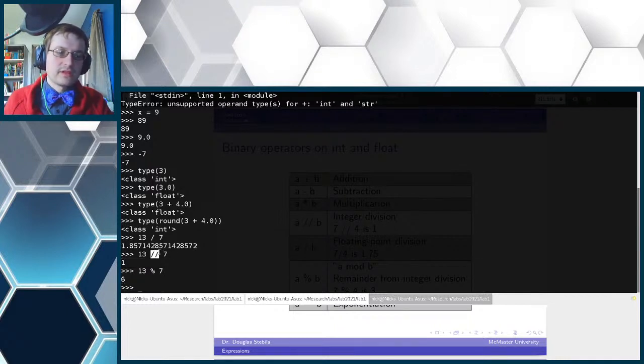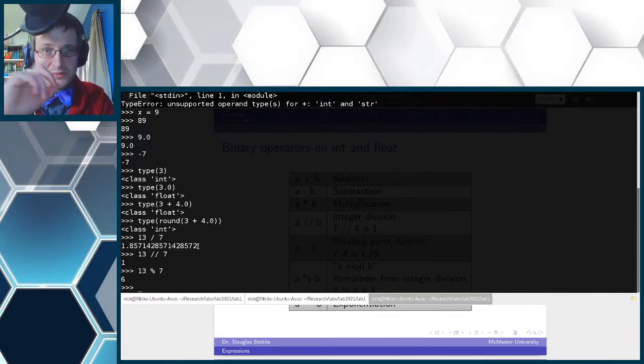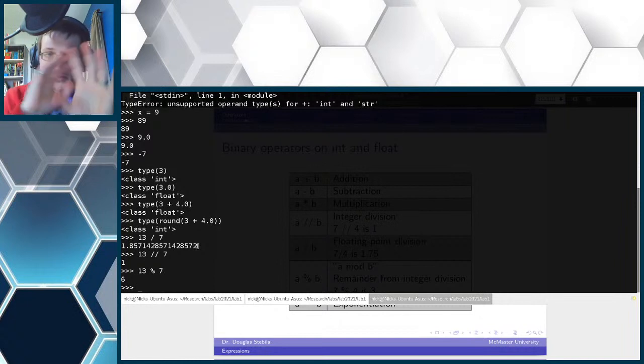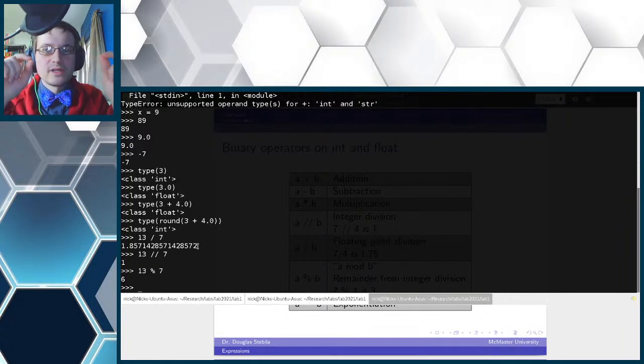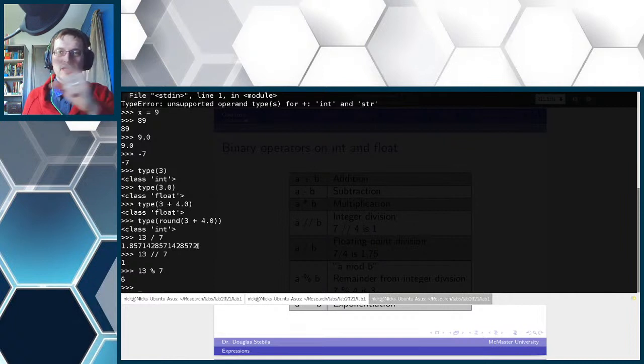So, another way of thinking about this operation is that it's the division, but you are truncating the decimal. Truncating is probably a verb that you haven't heard before. To truncate within the context of computing means to chop it off. That's kind of how it's used in regular speech as well.